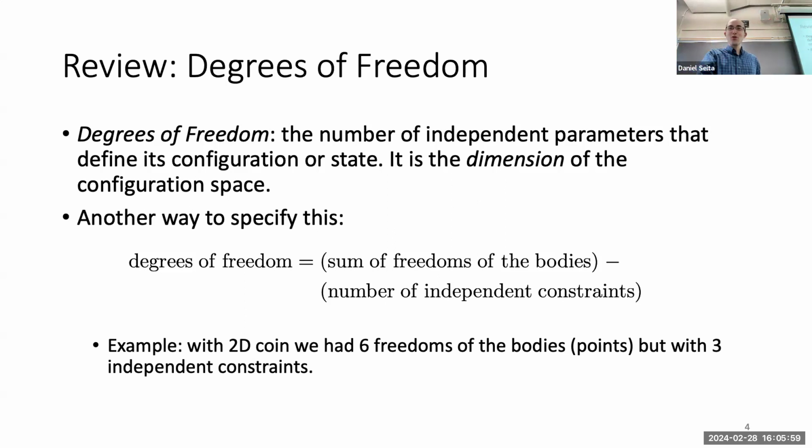My intuition here, which maybe is different from your intuition, is that the constraints are independent if we can change one of the constraints to be true or false without affecting the other, right? So if we have a bunch of constraints that are set up and then there's another constraint that we can change to be satisfied or not satisfied without affecting the others, then I consider it to be an independent constraint.